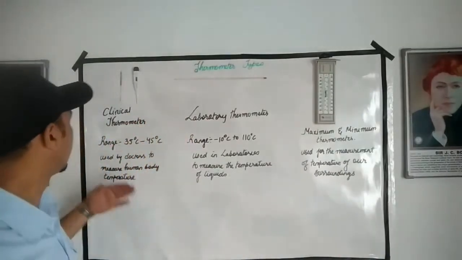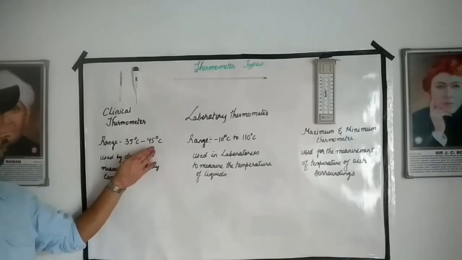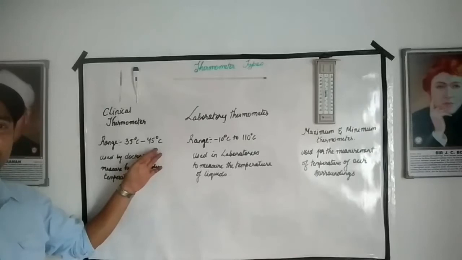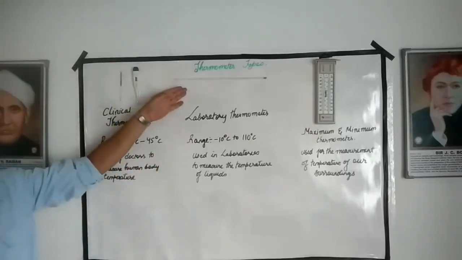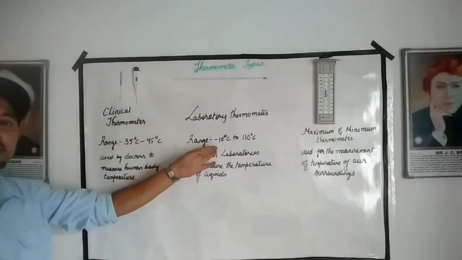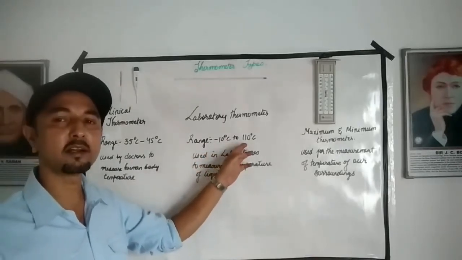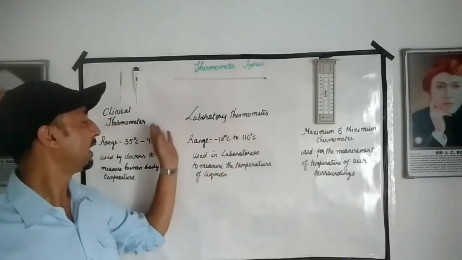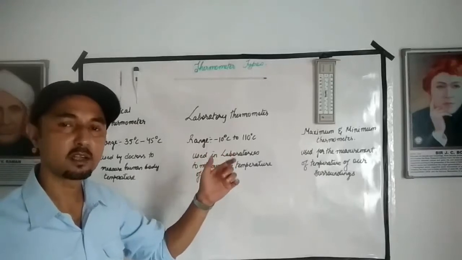And the range of a clinical thermometer is from 35 degrees centigrade to 45 degrees centigrade, and you see it is small compared to laboratory thermometer. The range of laboratory thermometer is from minus 10 degrees centigrade to 110 degrees centigrade, and comparatively clinical thermometer is smaller in size.